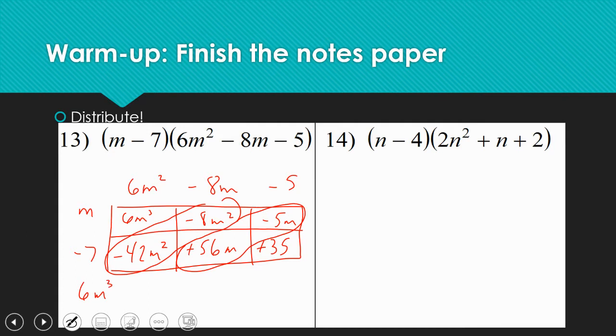There's more than one there. So negative 42 plus 8, negative 50. 56 minus 5 is 51. So the powers go from highest to lowest, and if you have something that jumps away from that, you probably should check it. So go ahead and pause and try to do number 14.